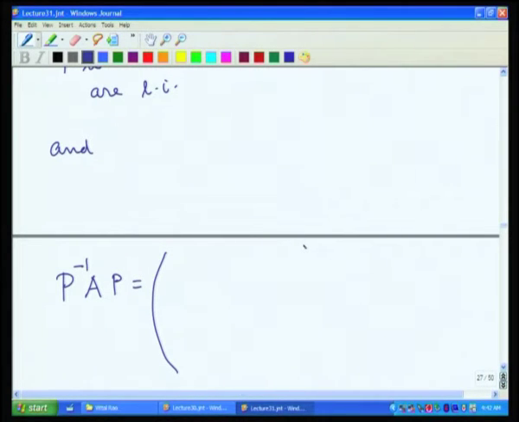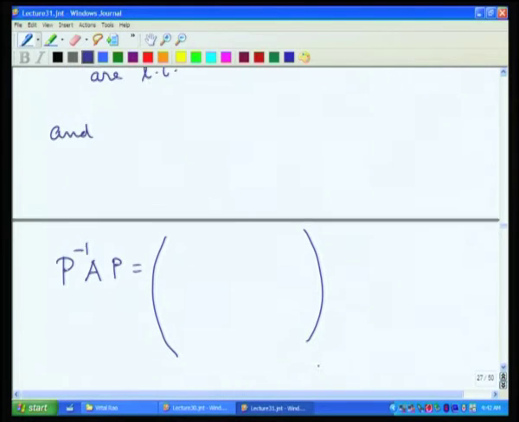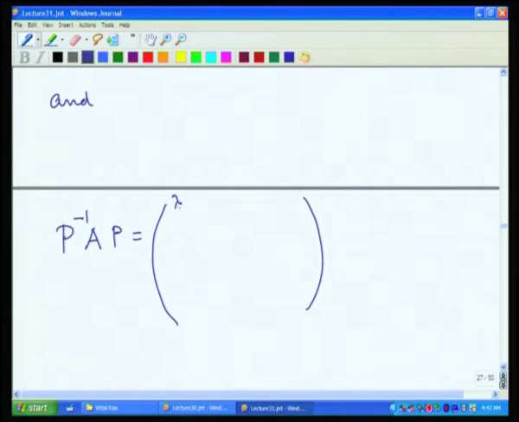What is this diagonal matrix? The diagonal entries are going to be lambda 1 appearing along the diagonal A 1 times, then lambda 2 appearing A 2 times, and so on, and in the end lambda k appearing A k times.